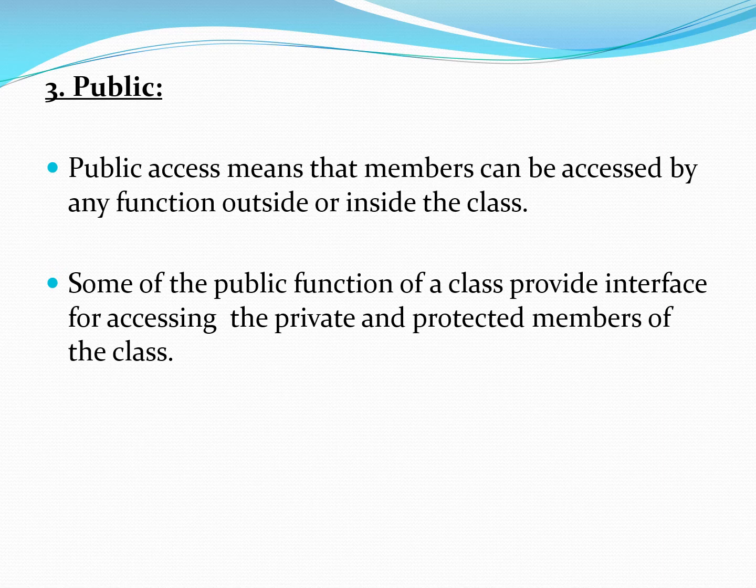The keyword public followed by a colon indicates that the data members and member functions are visible outside the class. In other words, public access means the member can be accessed by any function outside or inside the class. Some of the public functions of a class provide an interface for accessing the private and protected members of the class.